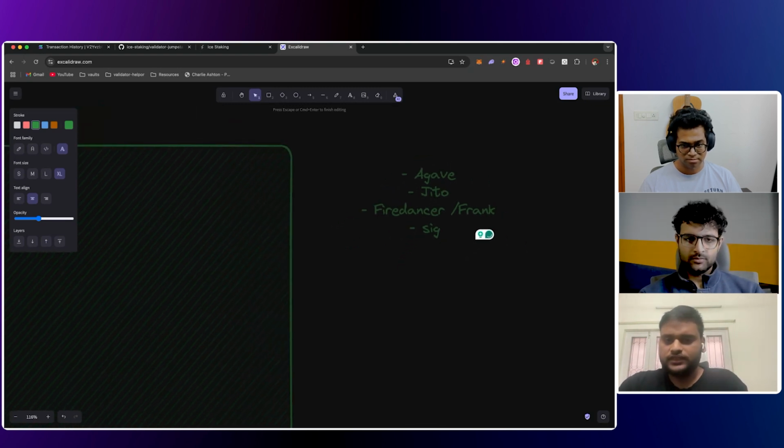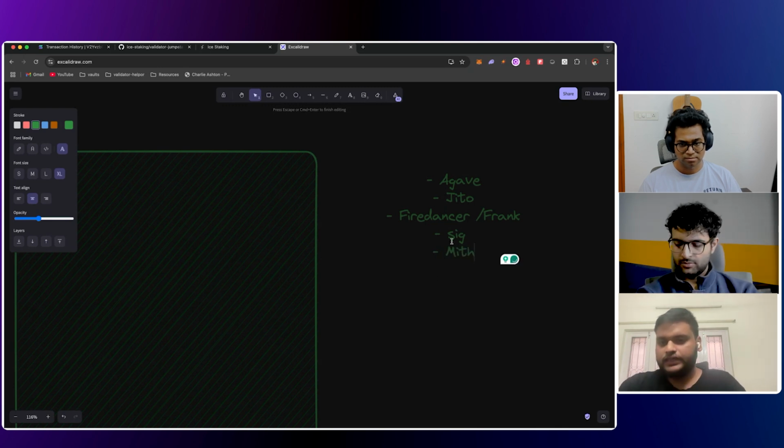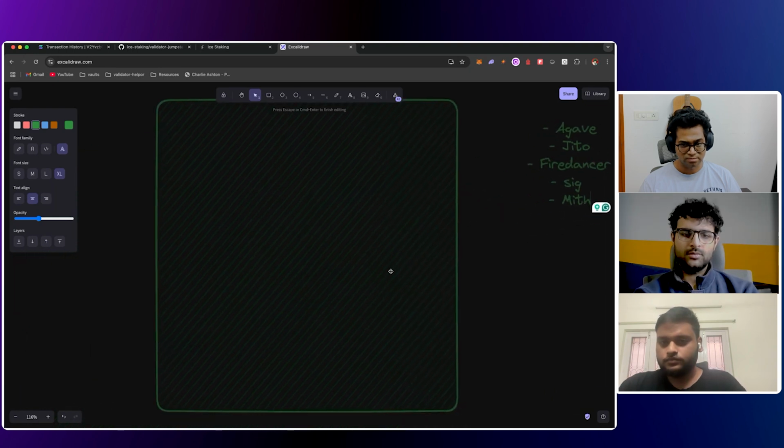Also, we have Mithril, but everyone is focusing on a different section. Basically these are all clients. A few of them are under development, a few of them are running in production.